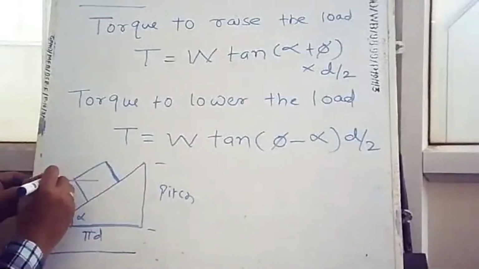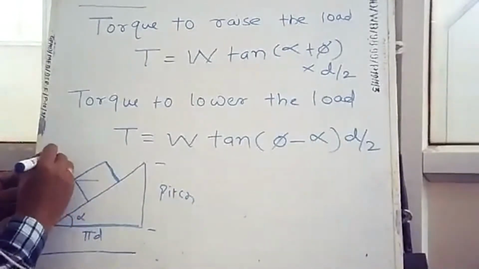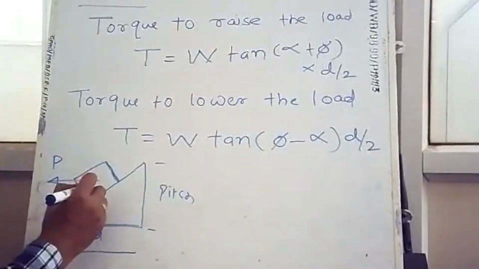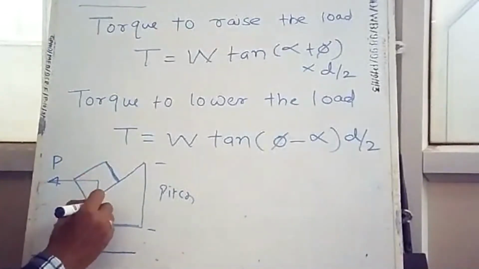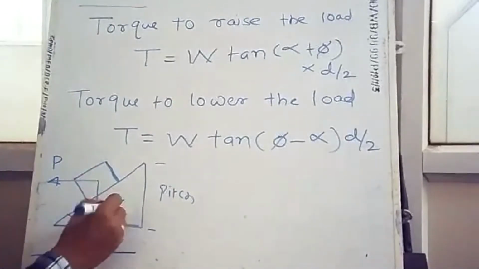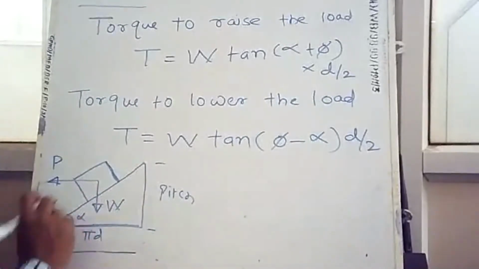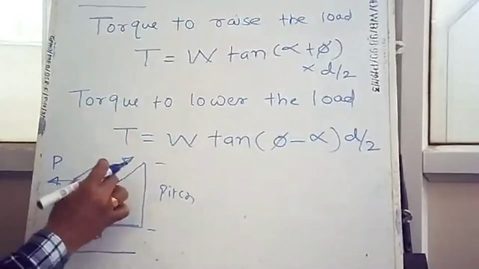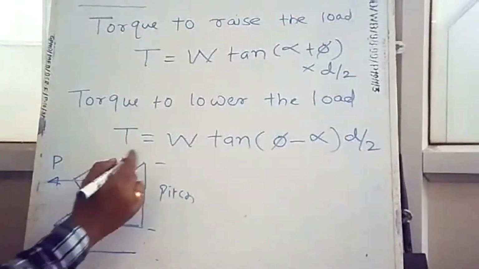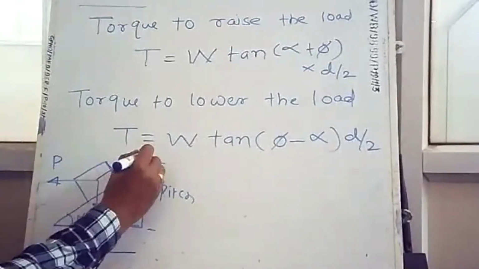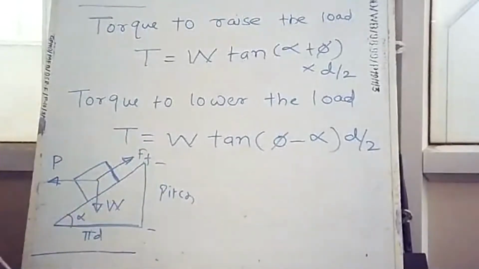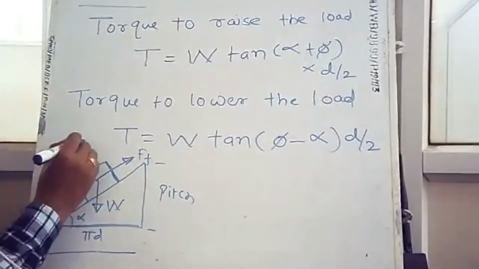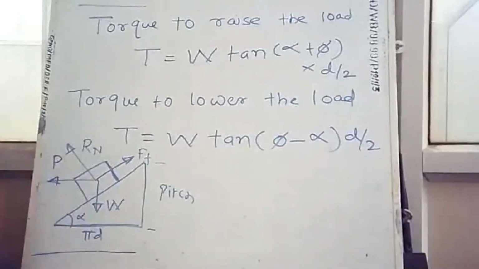That means the direction of effort will be here. This is the direction of effort. The same equation we are going to see here. This is the direction of W. Because the block is moving in this direction, there is a frictional force Ff. As there is a frictional force, there is a perpendicular normal reaction Rn.